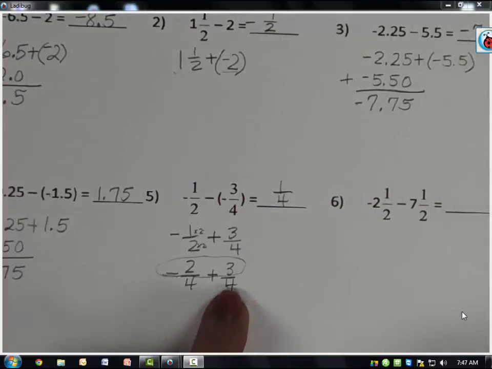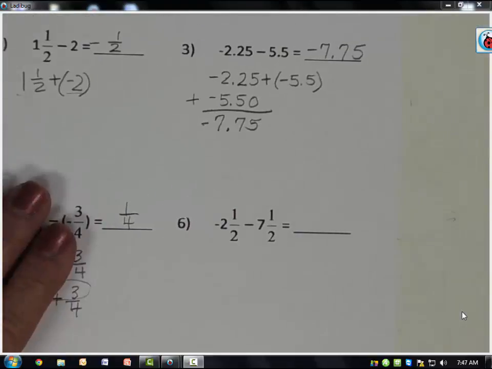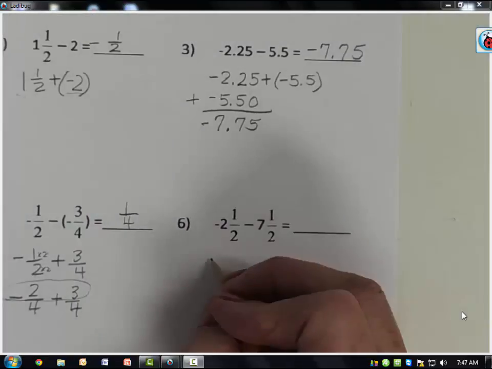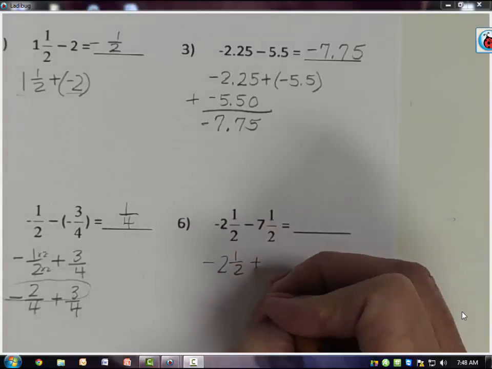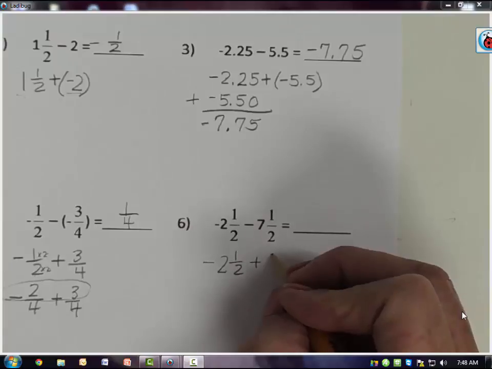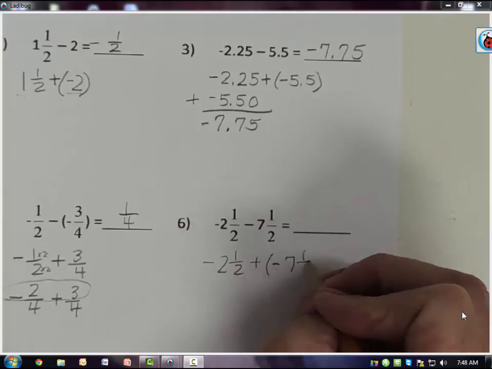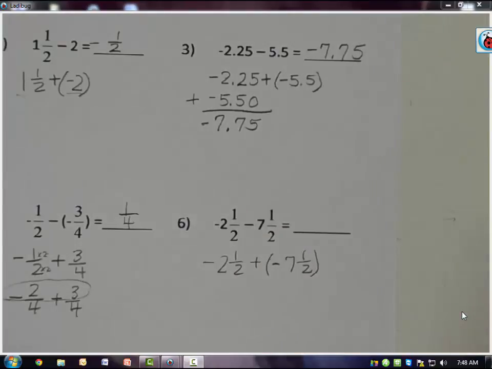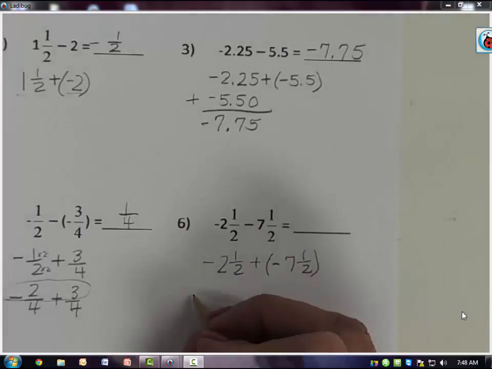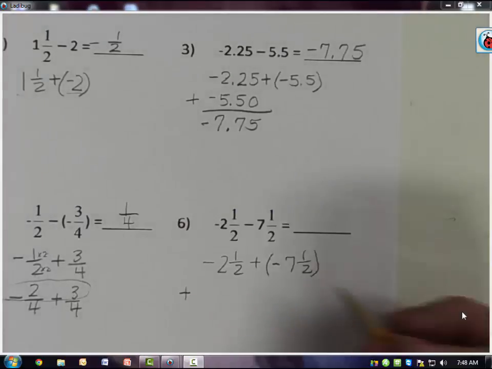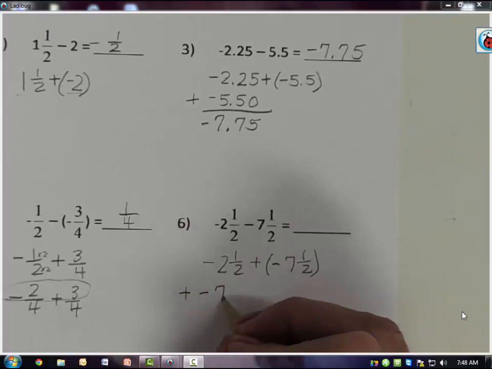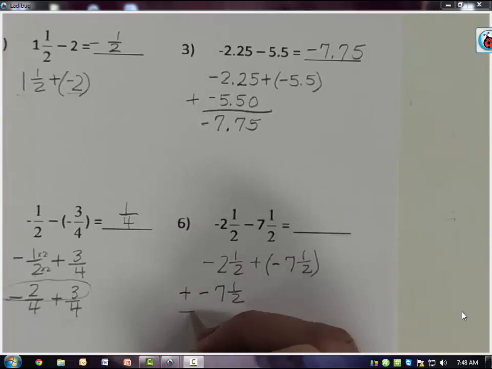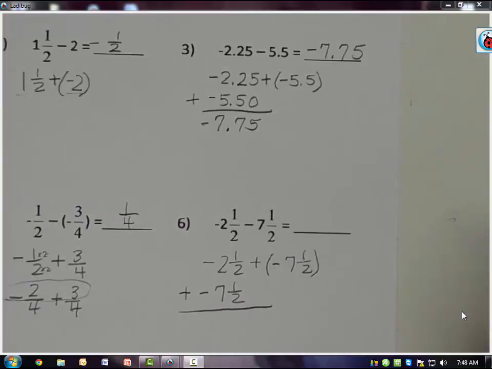Number 6, negative 2 1/2 plus negative 7 1/2. So we're going to rewrite it under here. Plus negative 7 1/2. When you add mixed numbers, add the fractions. 1/2 plus 1/2 is 2 halves.